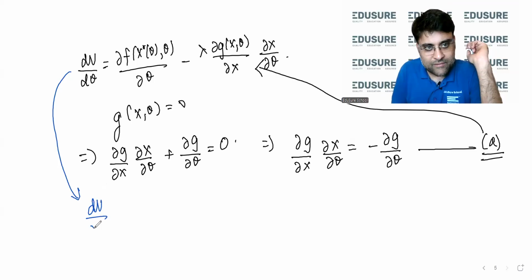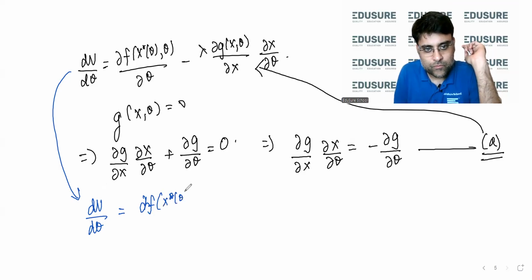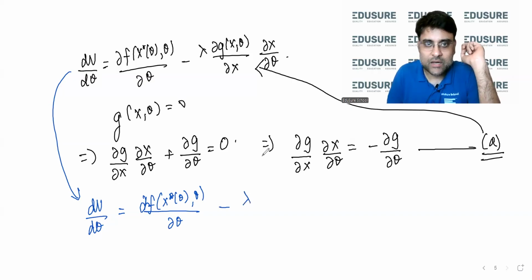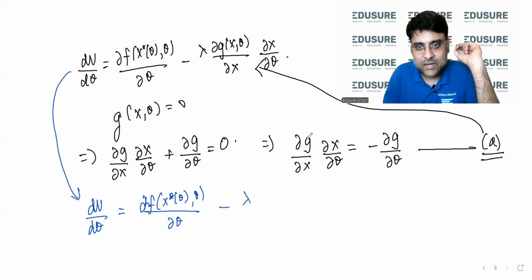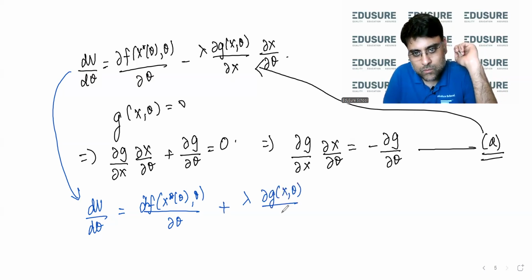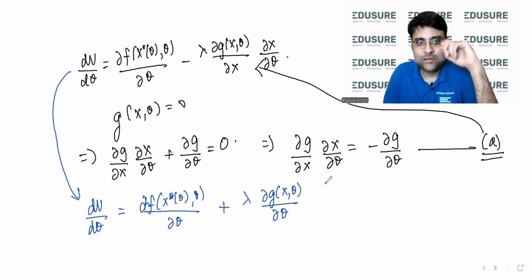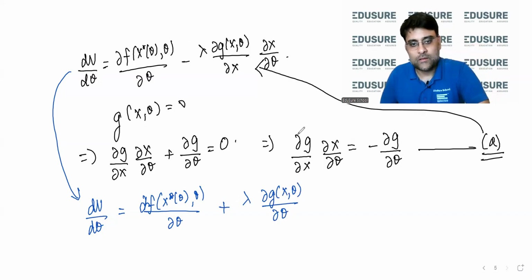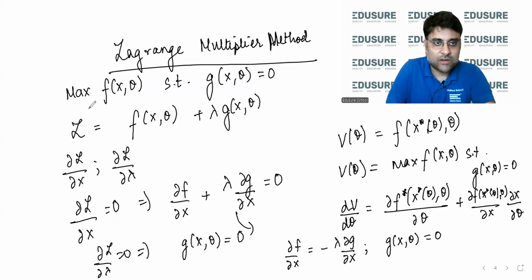So when I put this result A in this expression, what will I ultimately get? I'll get dV d theta is equal to del f del theta minus lambda times del g del x del x del theta, which is equal to minus del g del theta. Okay, this is what we'll get. Now, obviously, when I apply the Lagrange, where was the Lagrange? The Lagrange was this.